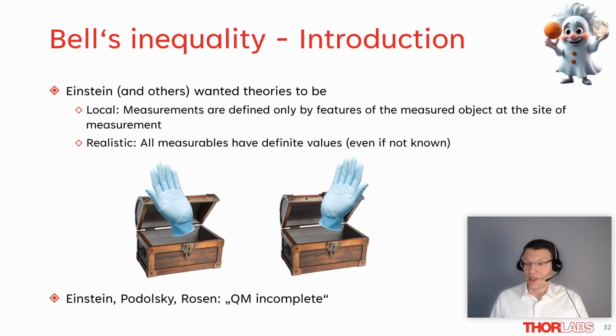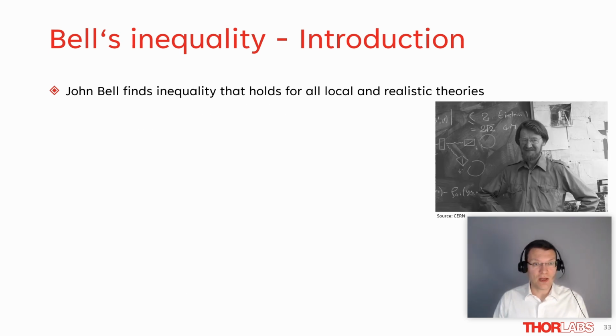But there was no way to determine who was right, and it took a really long time, namely until John Bell came along, and he was able to formulate an inequality that holds for all local and realistic theories.